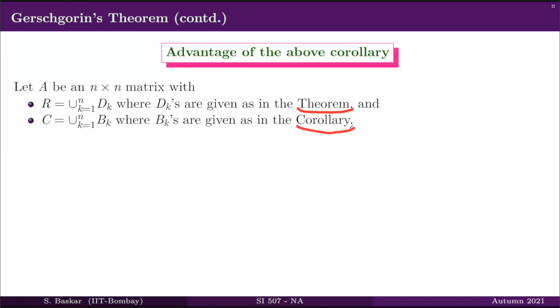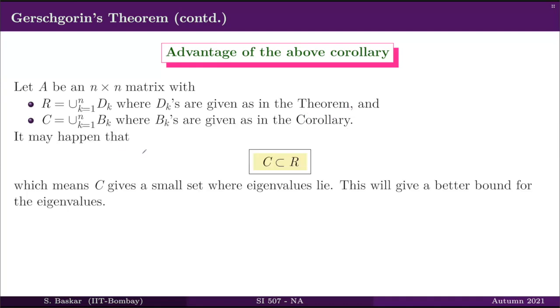Let us call these Bk's also Gerschgorin disks. There is nothing wrong in that. Now, it may happen, not always, but sometimes, that C may be contained in R, in which case you get better information about localizing the eigenvalues than what we got through the matrix A, right?